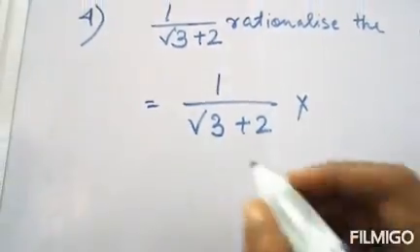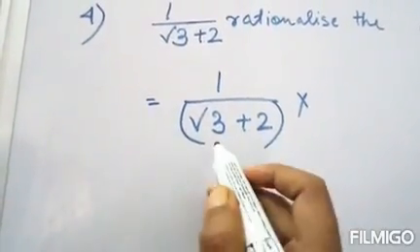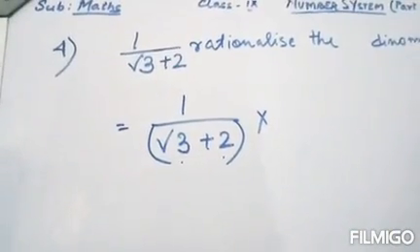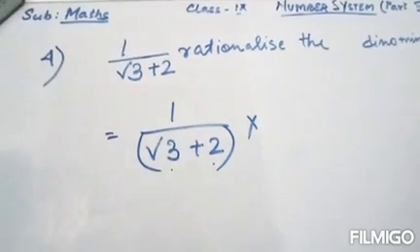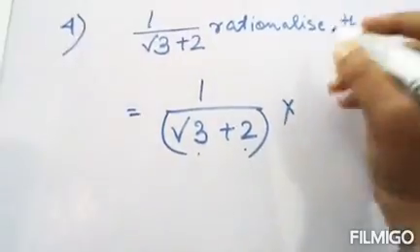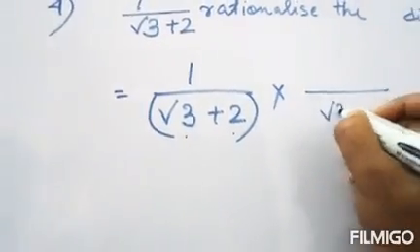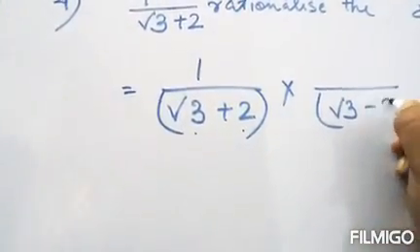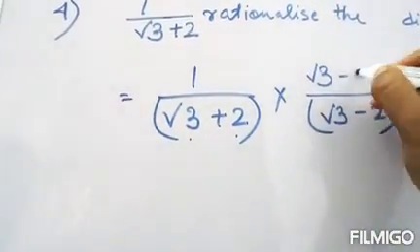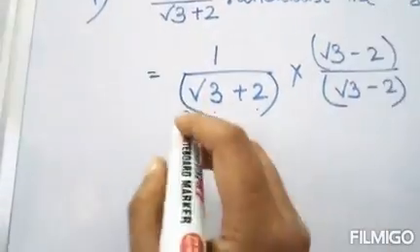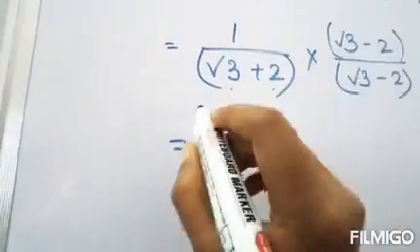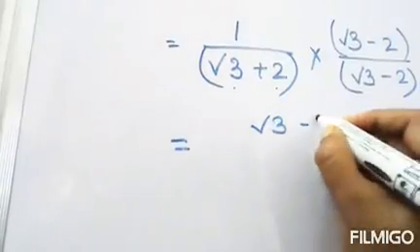If this is A and this is B, we know that A square minus B square is equal to A plus B into A minus B. So using that formula only, I'll bring root 3 minus 2. Similarly, I have to multiply that term with the numerator. Now see, this one into this thing will give the same thing.